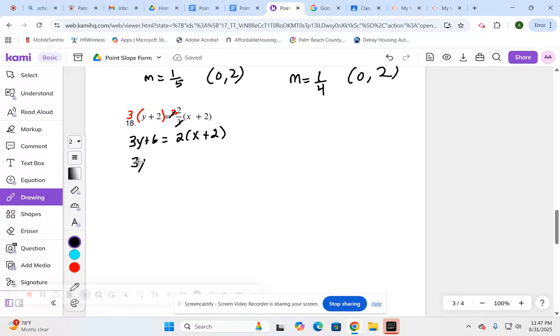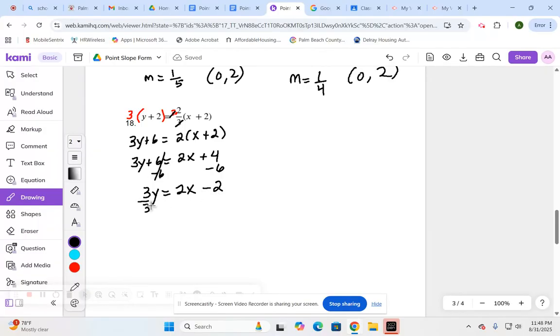All right, let's keep simplifying. Distribute, you're going to get 2x. Distribute again, 2 times 2, you'll get 4. Let's subtract 6 from both sides. Get all the numbers on one side. 4 minus 6 is minus 2.